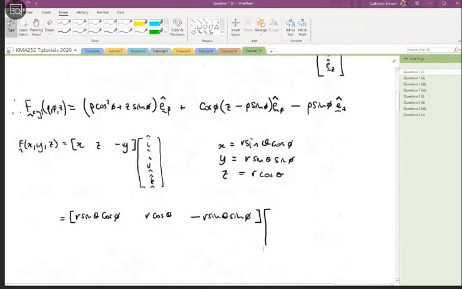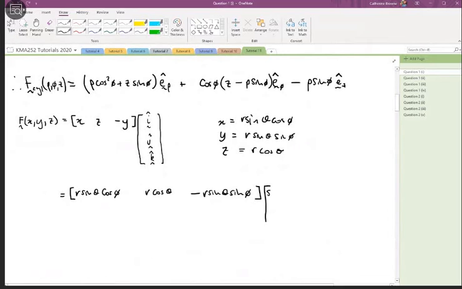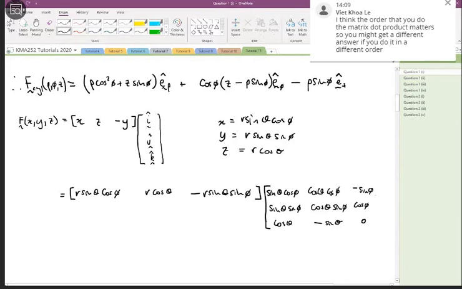So what's that? Sine theta cos phi, sine theta sine phi, cos theta; cos theta cos phi, cos theta sine phi, minus sine theta; 0, cos phi, minus sine phi.